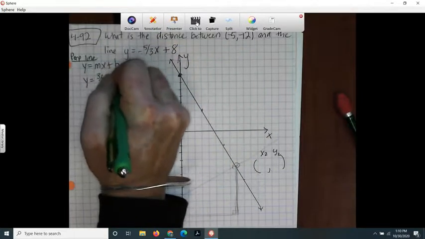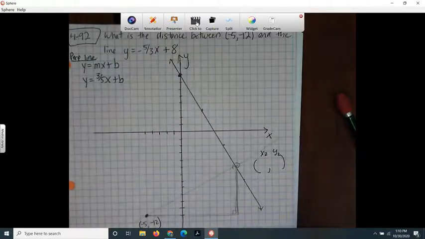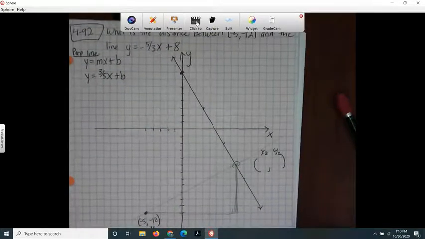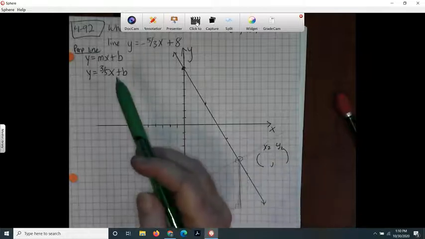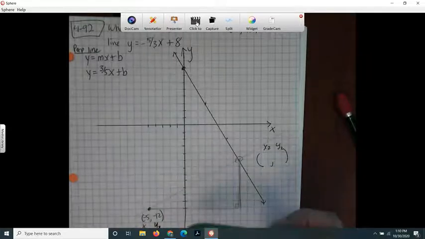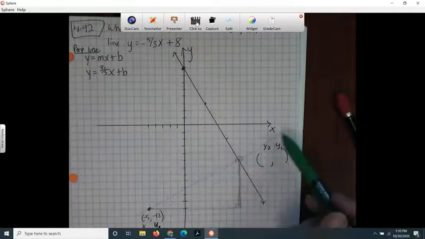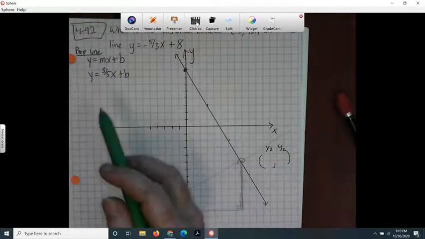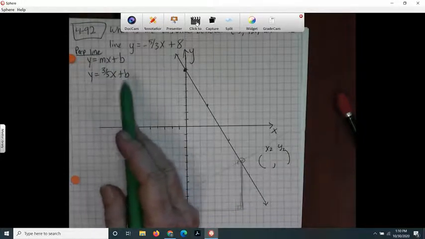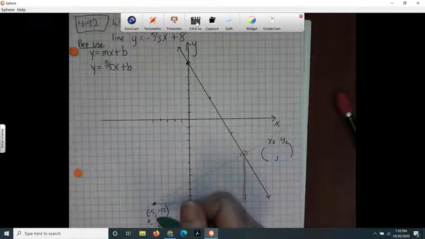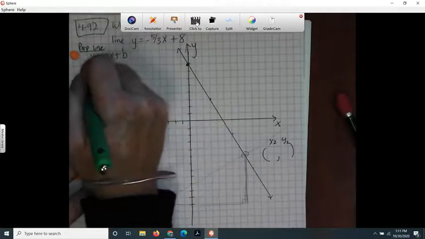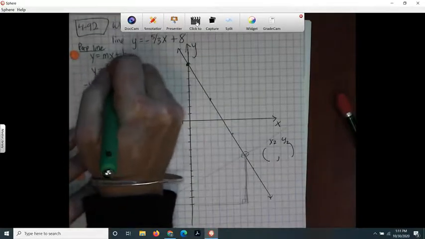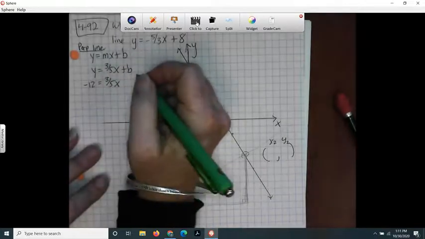Okay. Now I need to find out what b is. I know that this perpendicular line goes through (-5, -12). So I'm going to plug those in and solve for b. I'll put -12 for y, and x is -5.